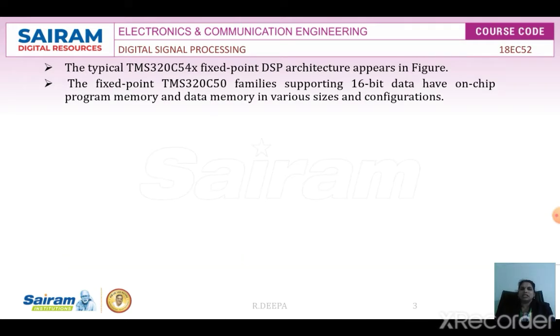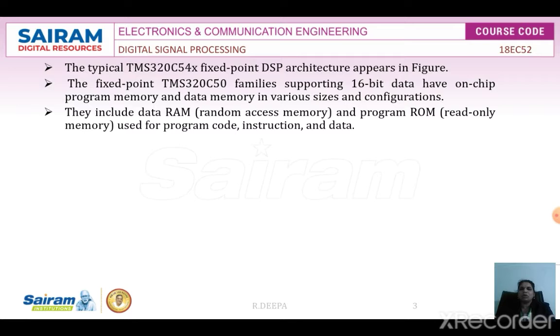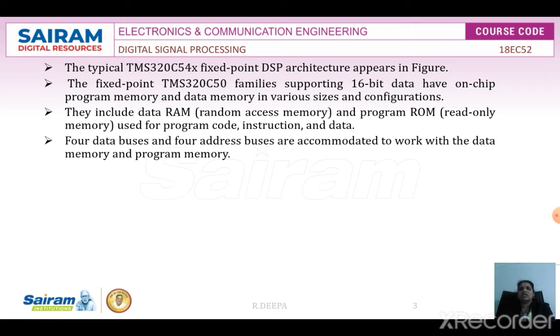So this architecture is going to support 16-bit data, and it has an on-chip program memory and data memory, of various sizes and configurations. And also it includes the RAM, random access memory, and the program read-only memory, which is used for program code, instruction, and data.